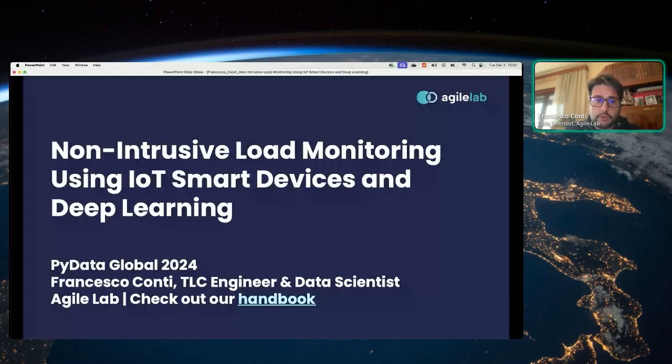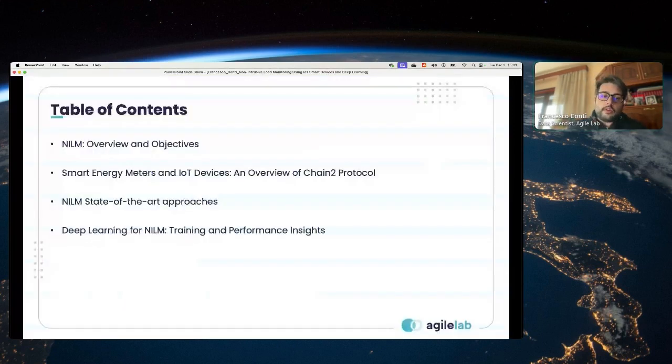today I'm going to talk about this project that we implemented for one of our customers about NILM with the use of IoT devices and deep learning. So, an agenda, first I want to give you an overview about NILM.